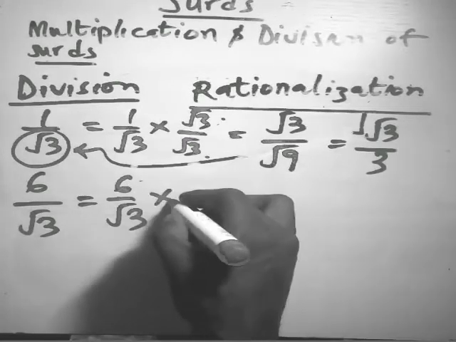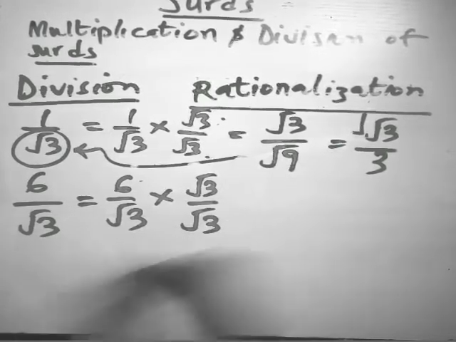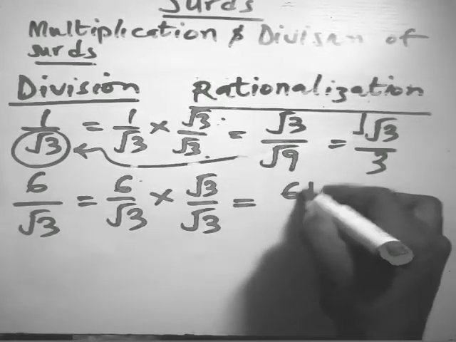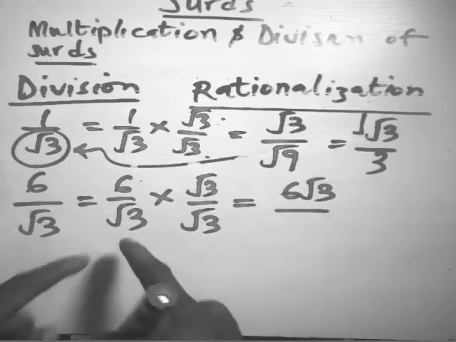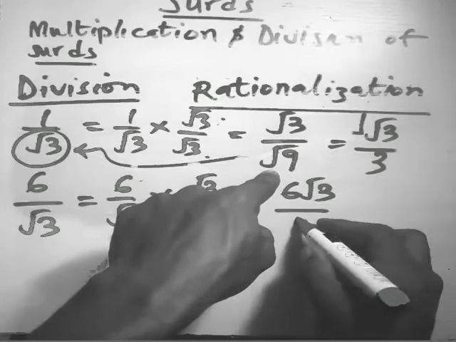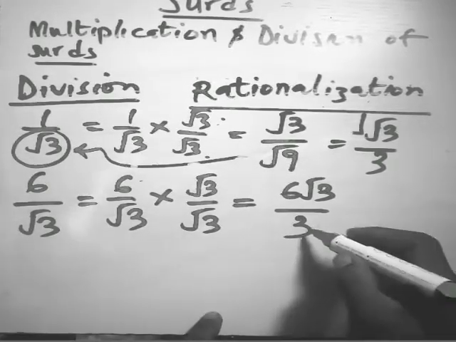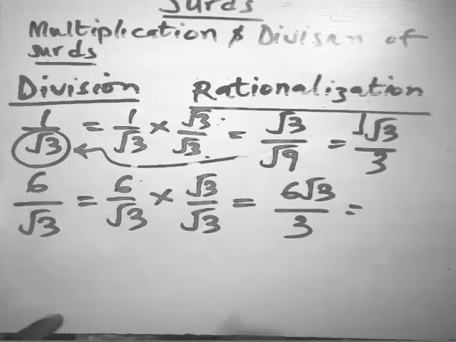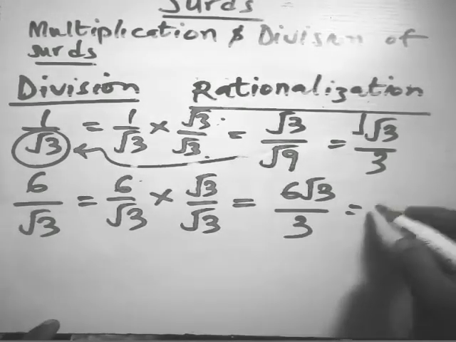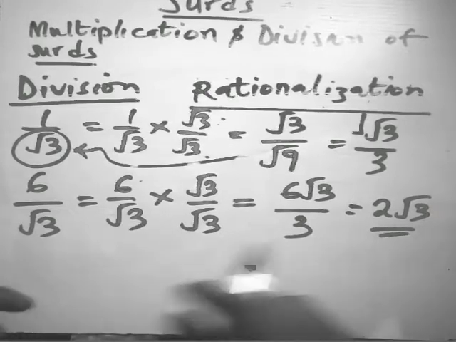I multiply the numerator and I multiply the denominator by root 3 to have 6 root 3 over root 9. So instead of writing root 9, I just write 3 because root 9 is 3. In this form, I simplify further. 3 can divide 6 to have 2 root 3. And that is awesome.